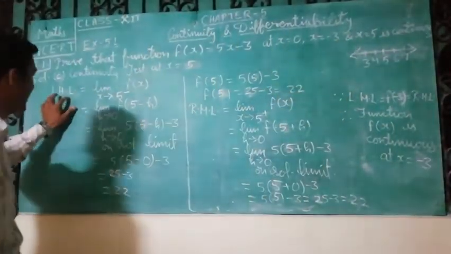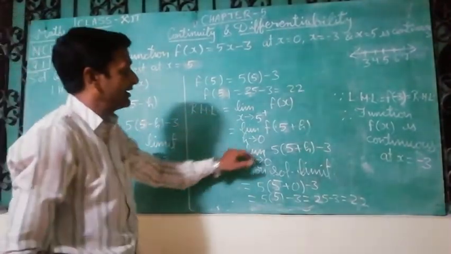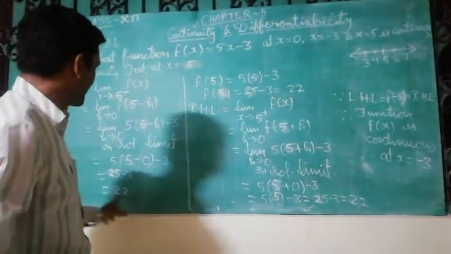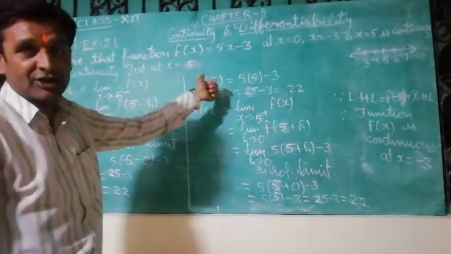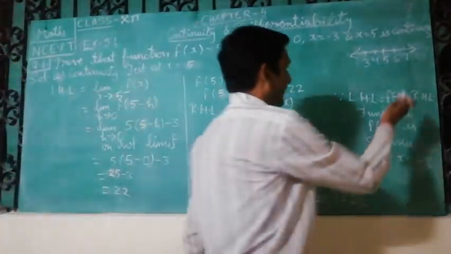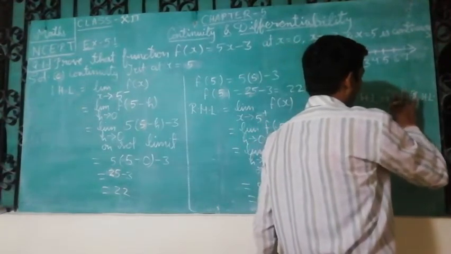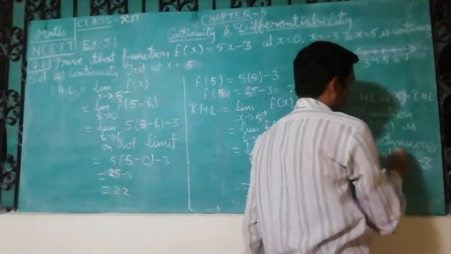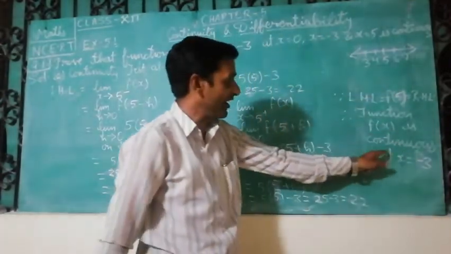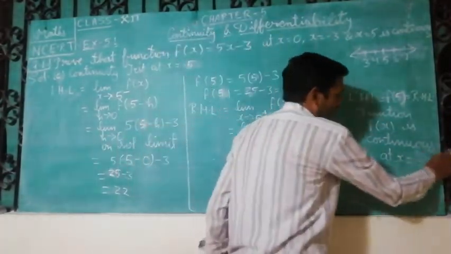So it will be the left hand limit and this will be the right hand limit, and all the values are 22 here at x is equal to 5 in the continuity test. So here we can conclude that LHL is equal to f of 5 is equal to RHL. So therefore function f of x is continuous at x is equal to 5.